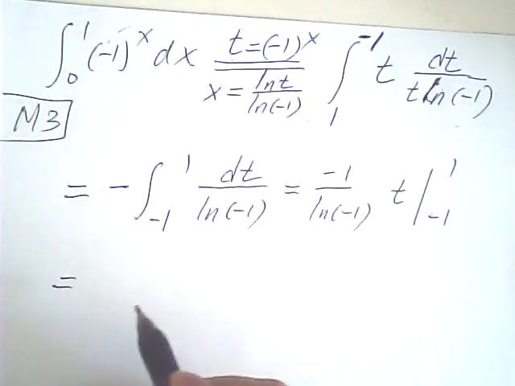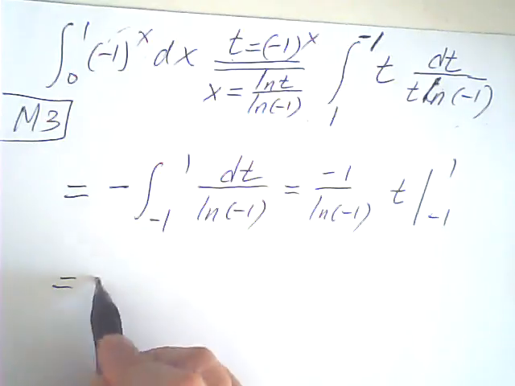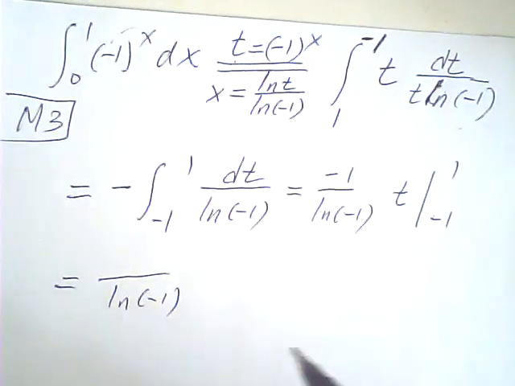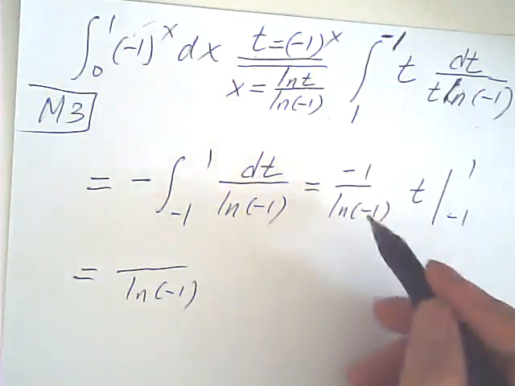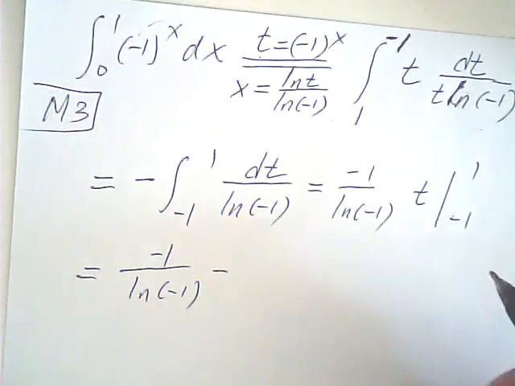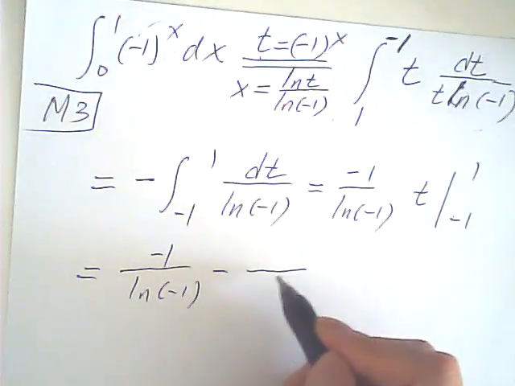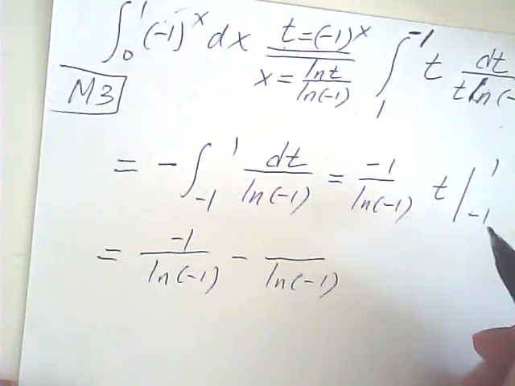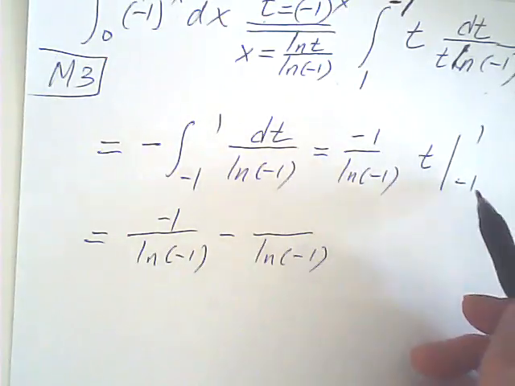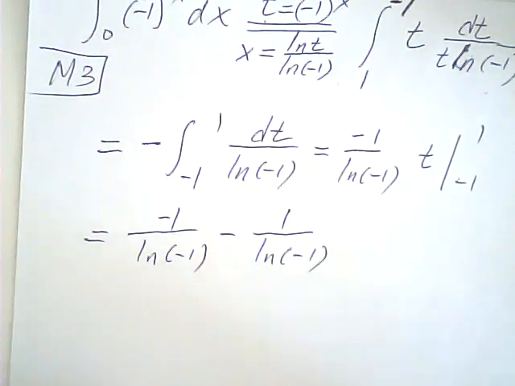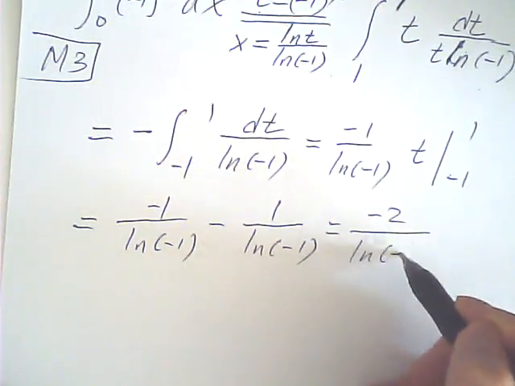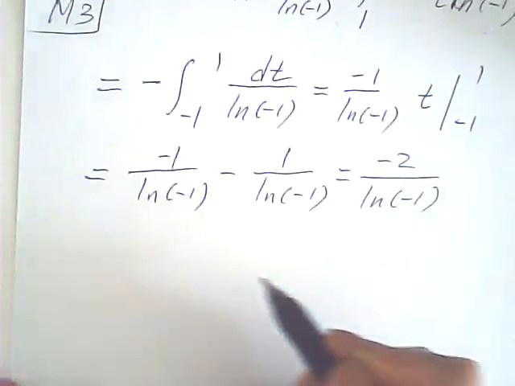And therefore this will equal negative 1 over log of negative 1 times, 1 minus negative 1 here. When t equals 1 it is a positive one, right? So this is equal to negative 2 over log of negative 1.